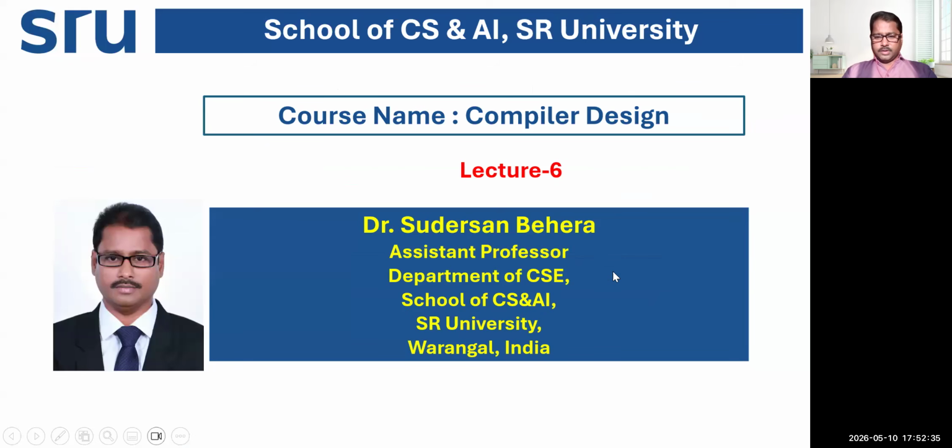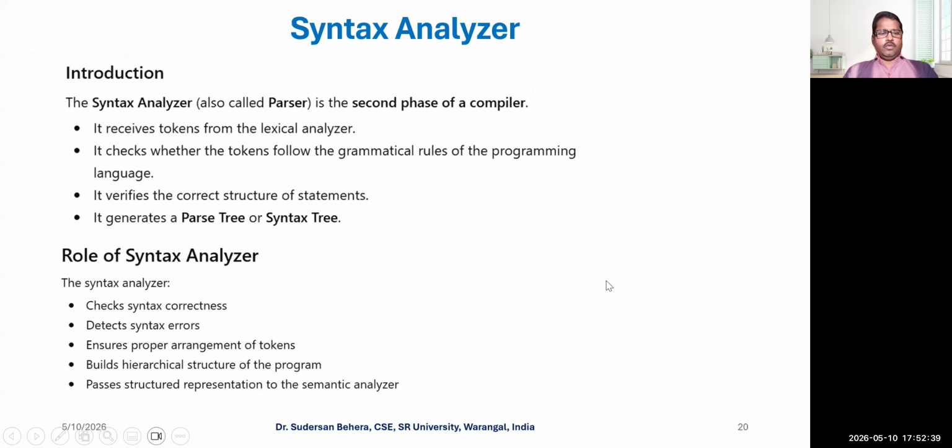Yes, in the previous class, we just started discussion on syntax analysis, and we came to know what syntax analysis is and what the role or function of syntax analysis is. We came to know that the syntax analyzer is the second phase of the compiler, which collects the tokens from the lexical analyzer, or ultimately from the symbol table.